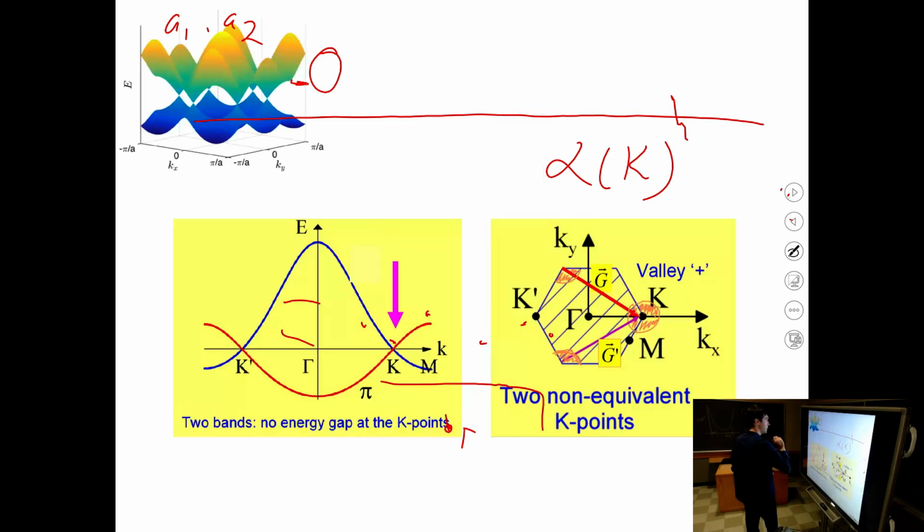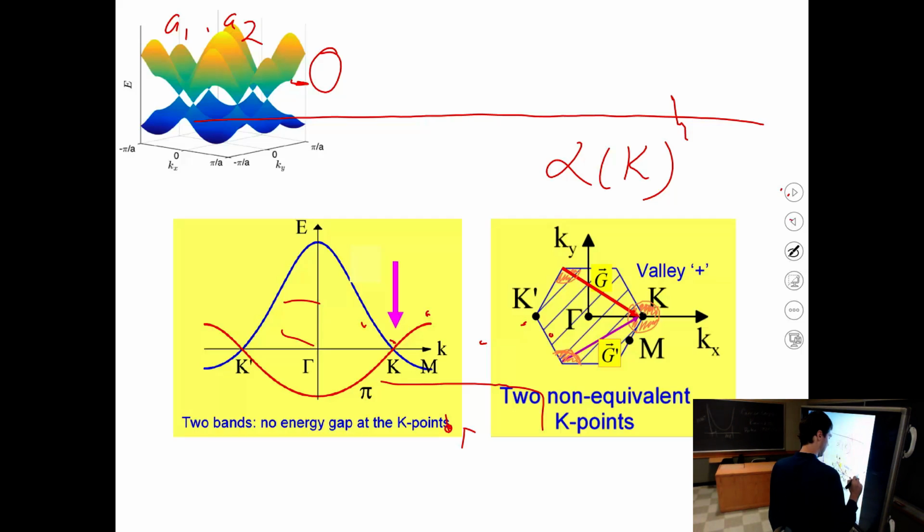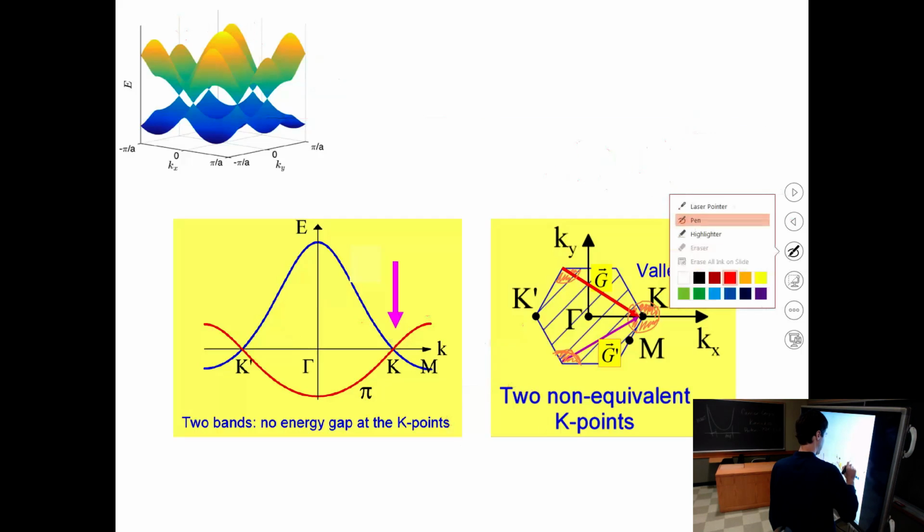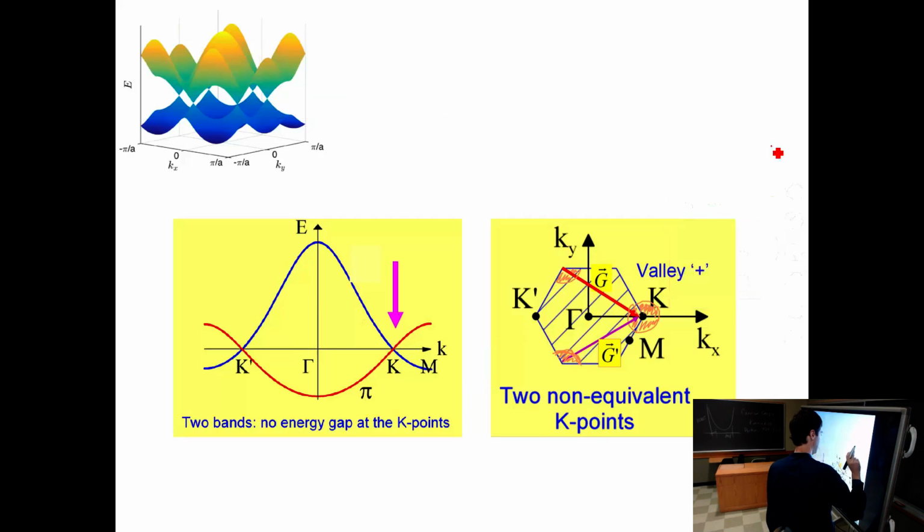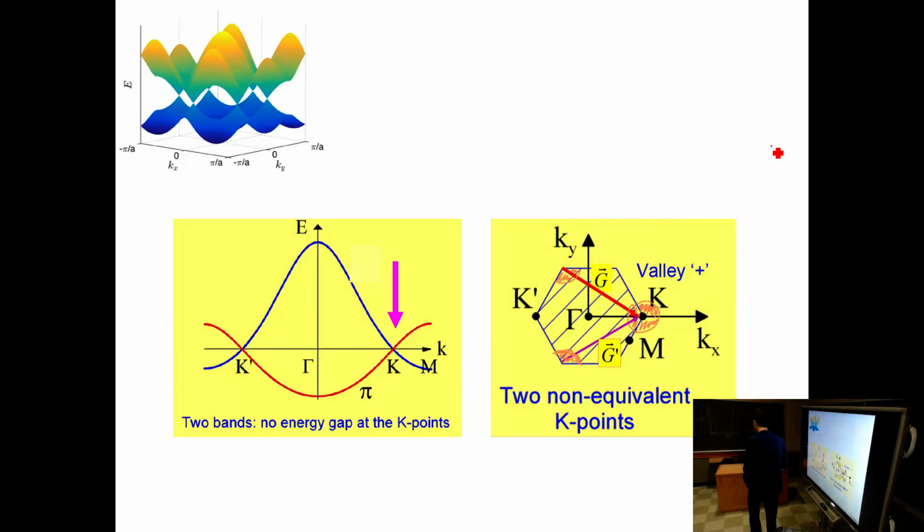Okay, so here upstairs is the picture from before. I need to erase some stuff. Oh, it erased itself, great. Here is a picture from before, and here is just a cut through it, a simplified view, which makes things clear. So this is a cut going from gamma to k point, to one of these degeneracy points.